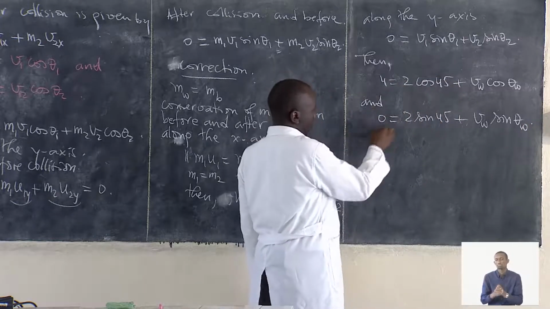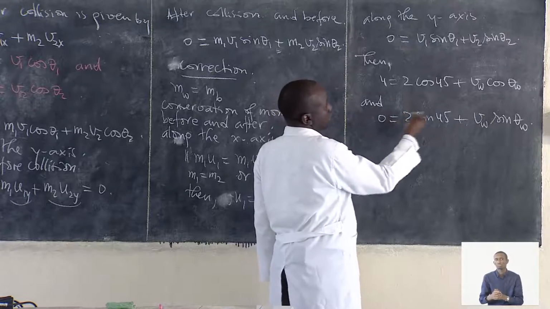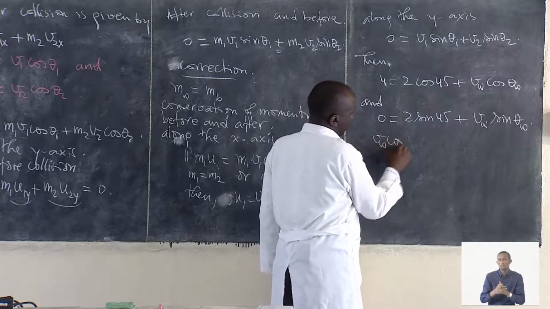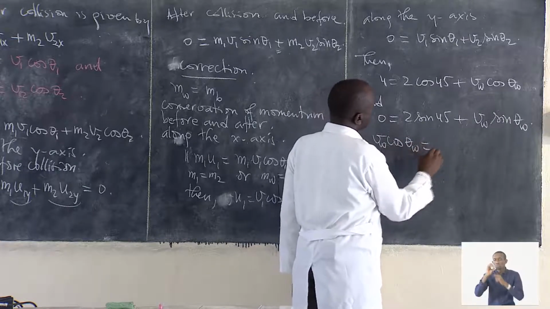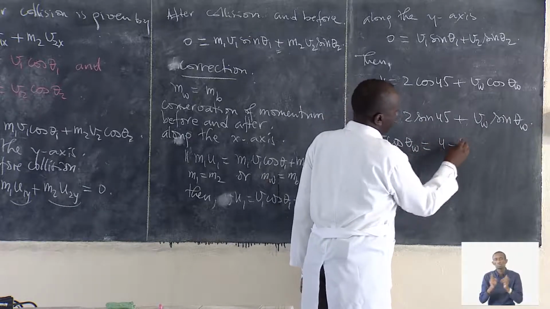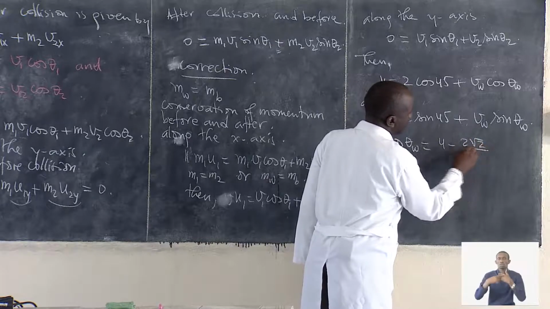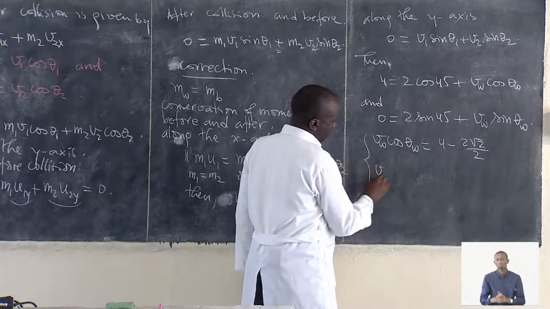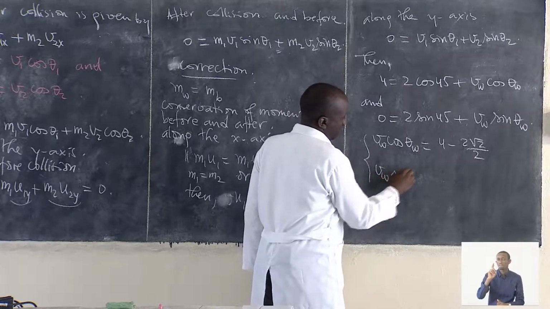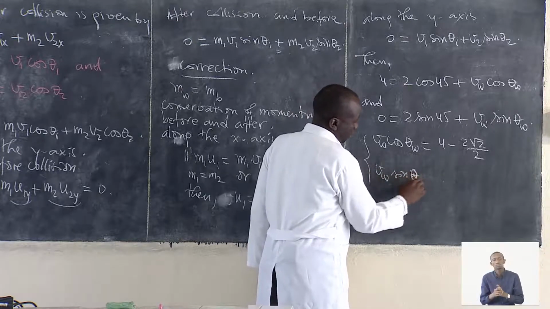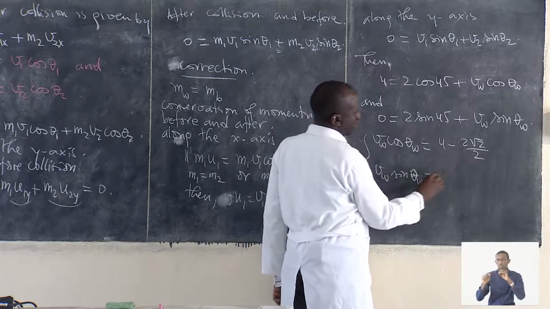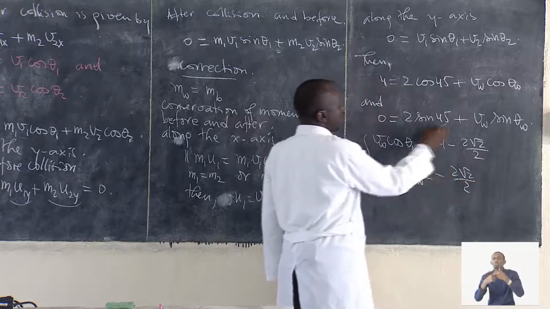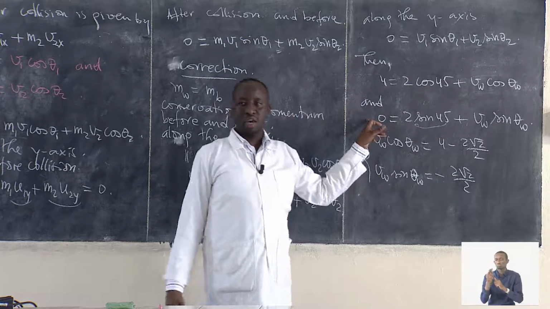We have two equations that we can use to find theta. So v white cosine theta white equals 4 minus 2 square root 2 over 2. And v white sine theta white equals minus 2 square root 2 over 2, because it comes to this other side.